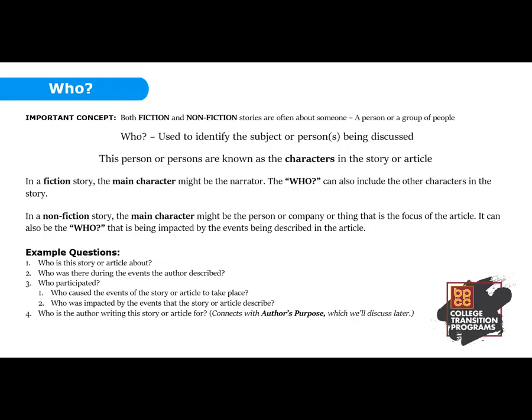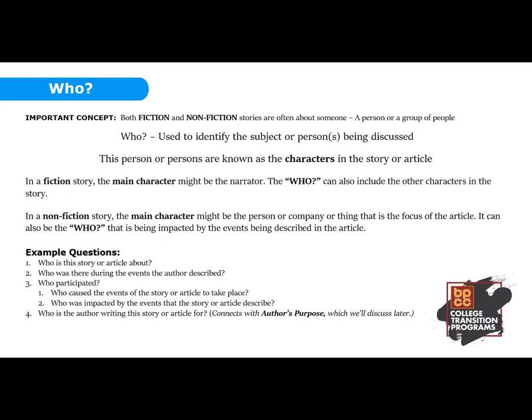Who? This is an important concept in both fiction and nonfiction because stories and articles are often about someone, a person or a group of people. We as human beings like to read about human beings. So the who answers who is the subject or the person being discussed. And as I mentioned a second ago, it can also be who wrote this.